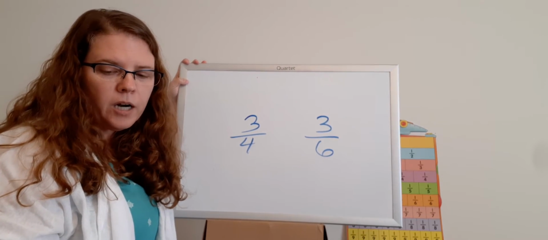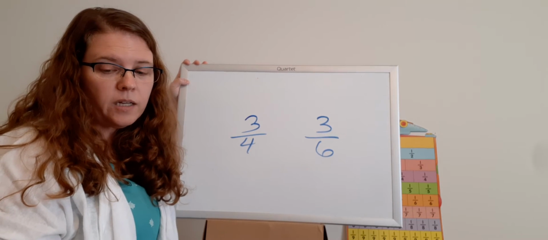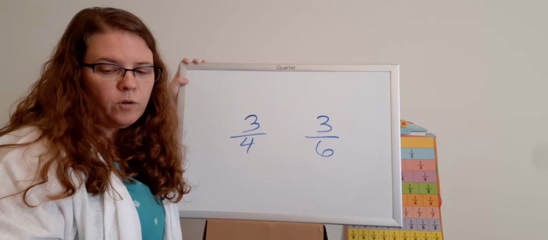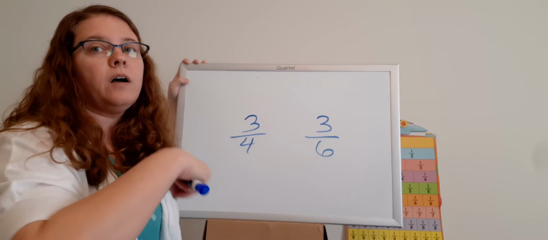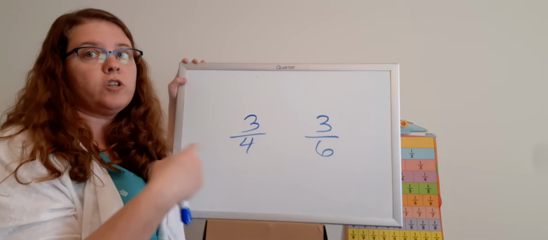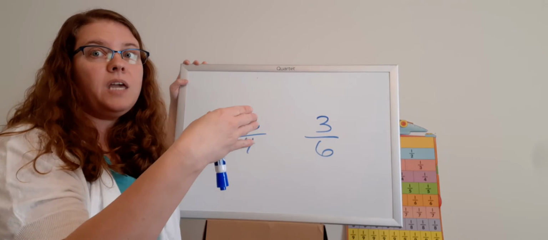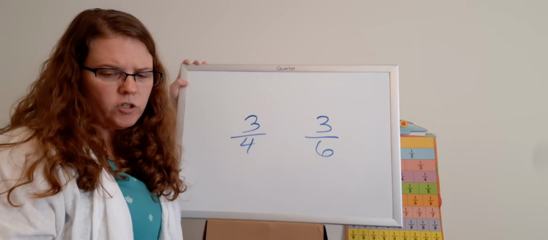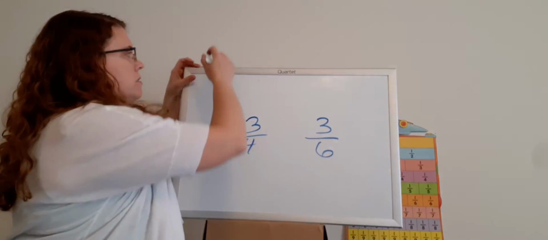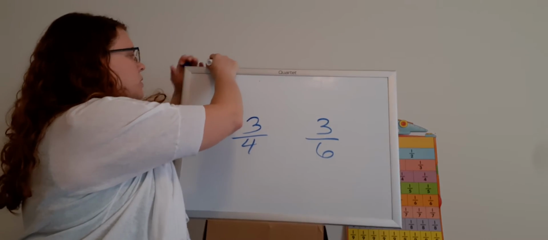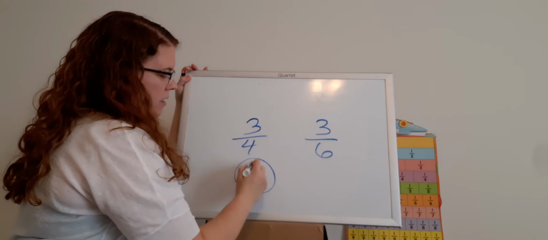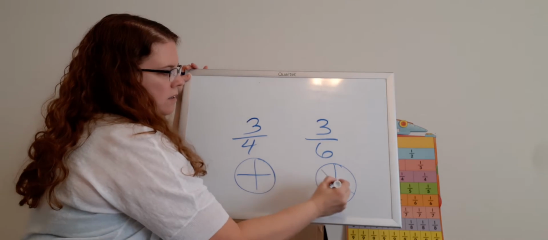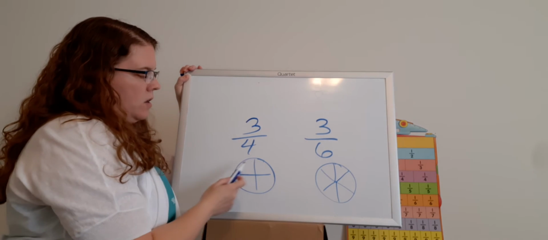The fewer pieces a whole is divided into, the larger the pieces are. So if there's just 2 of you, you're going to get a pretty big piece compared to if there were 6 of you, okay? All right, so if I look at my fourths, okay, and say I'm going to divide it into fourths, and I'm going to divide into sixths, okay?